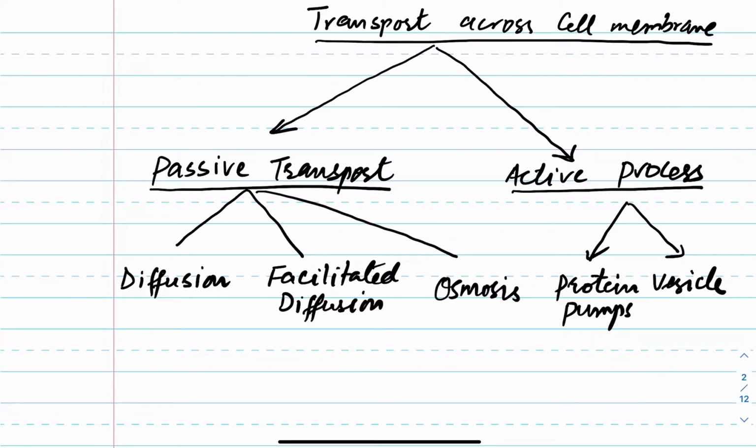So there are two ways the materials are moved into or out of the cells by active process. One is an active transport, and the other is bulk transport.